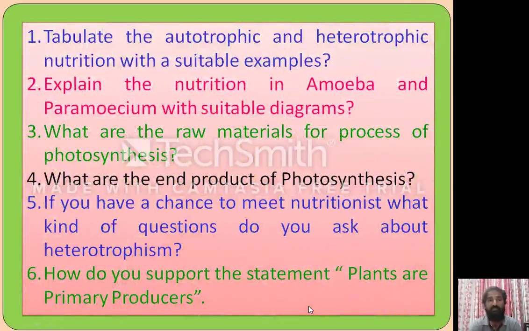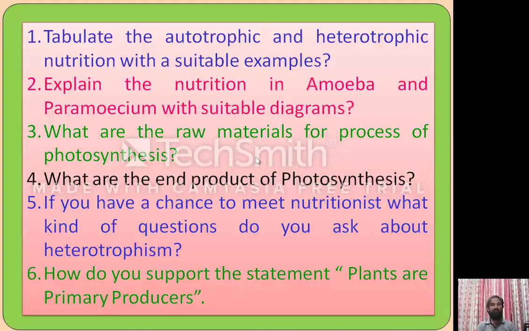These are the questions, you note them. The first question is to tabulate the autotrophic and heterotrophic nutrition with suitable examples. The second question is to explain the nutrition in amoeba and paramecium with suitable examples and suitable diagrams. The third question is what are the raw materials for the process of photosynthesis?